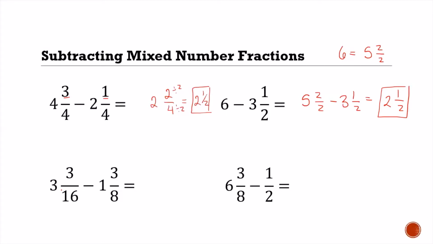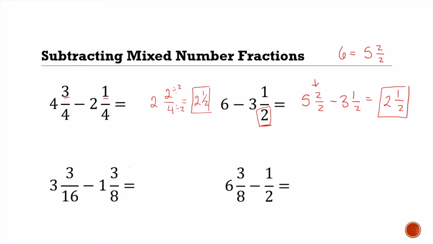Let's jump down here. 3 and 3/16 minus 1 and 3/8. Find our common denominator first. Oh, just before I do that one, let's jump back up to this 6 minus 3 and a half. When I do this, I look at what the denominator is in what I'm subtracting, and I match them right from the beginning.